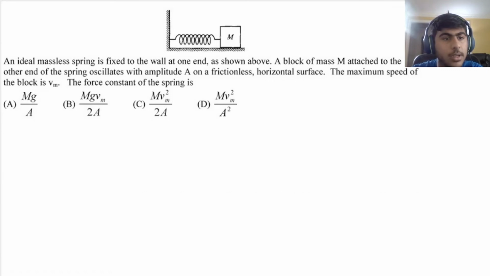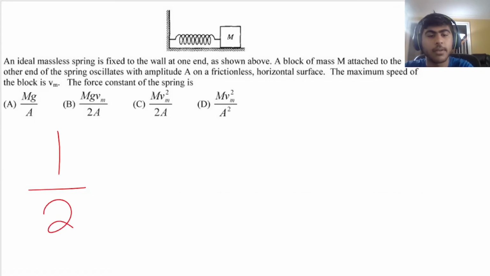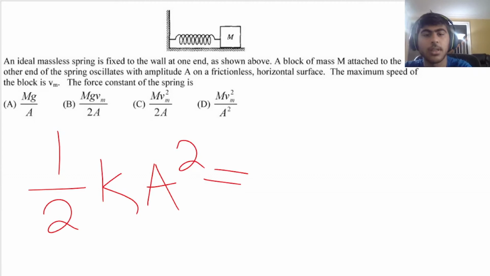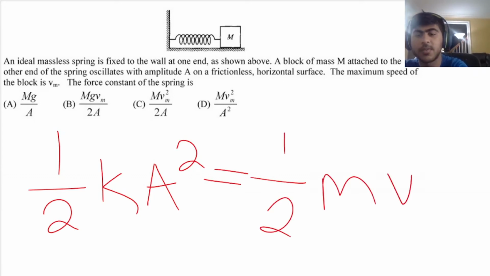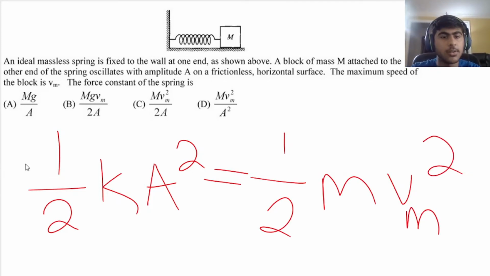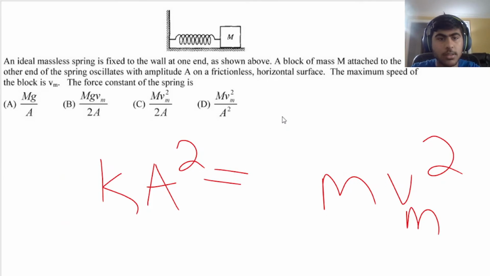Well, we can again use our equation that 1/2 k x squared, or A squared because they're giving it to us, is going to equal 1/2 m times Vm squared, which is our maximum velocity. Cross out the 1/2 on both sides, and they want us to figure out the force constant.